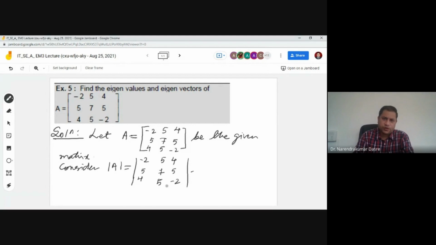Then we have the characteristic equation of A, which is the determinant of A minus lambda I equal to 0. What is the value of the determinant?